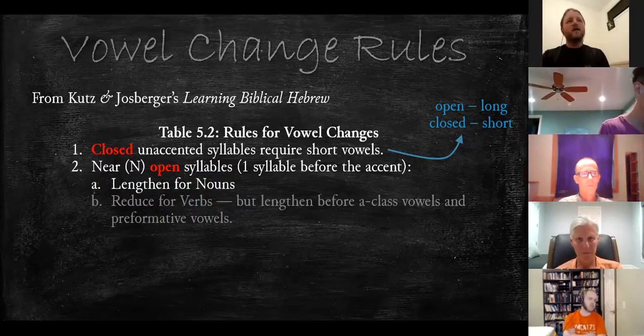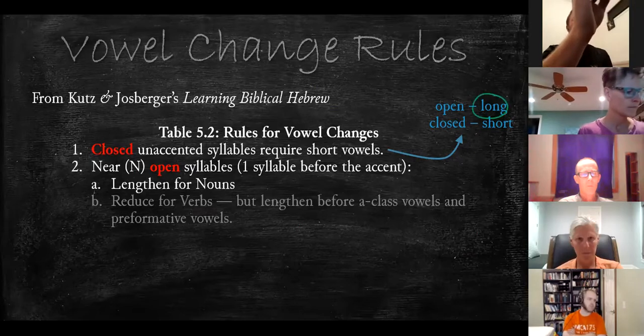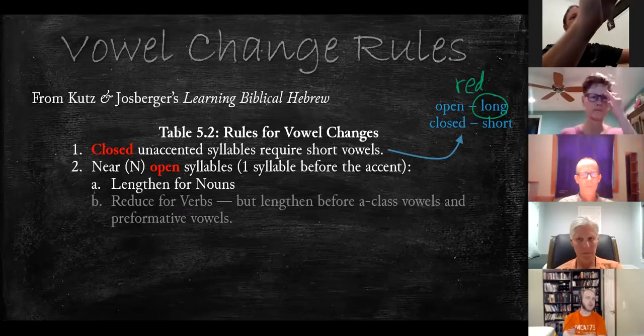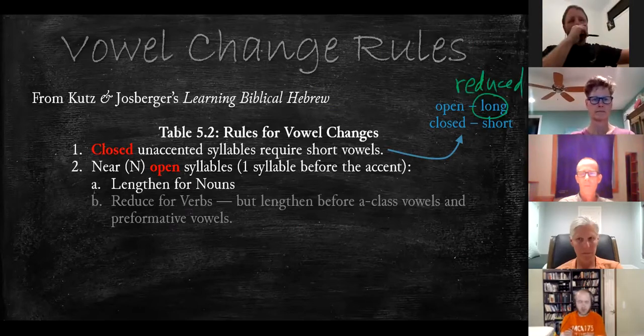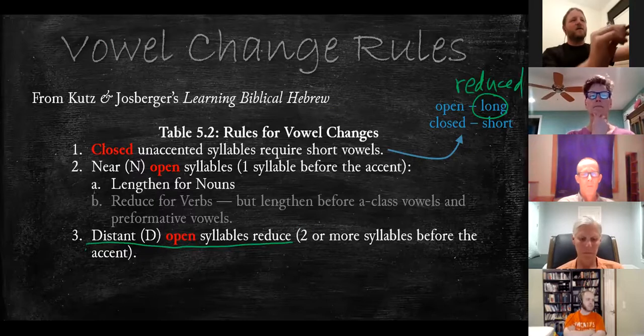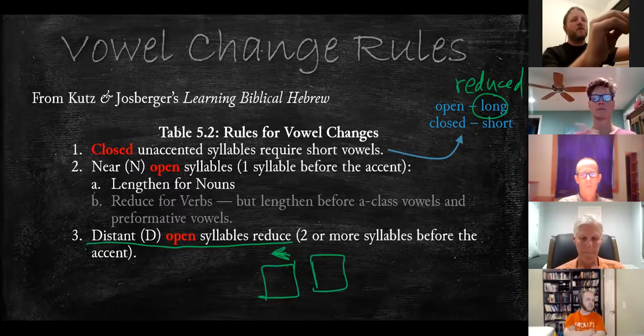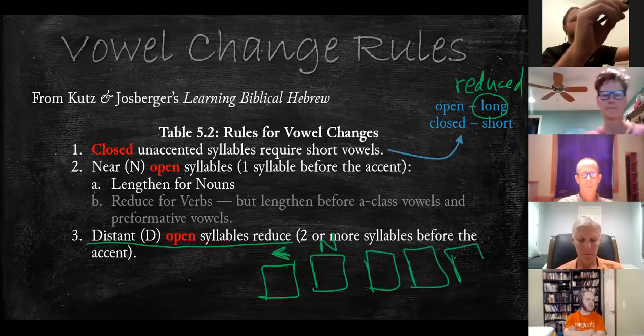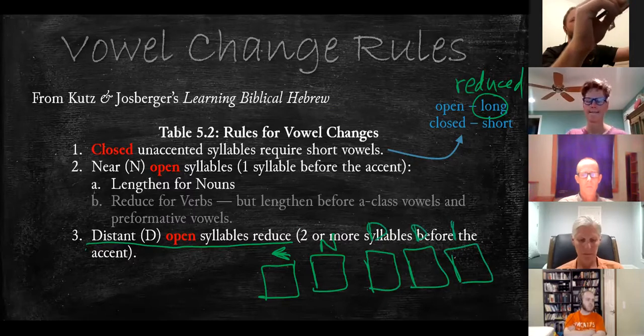Technically that's not completely true, because open could also be reduced. If it's a distant open syllable, it reduces. What we mean by distant is that if this is the tone syllable, it has the accent, the syllable in front of it is near, and any syllable before that is distant.